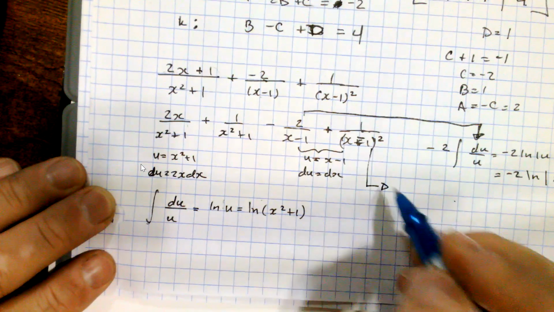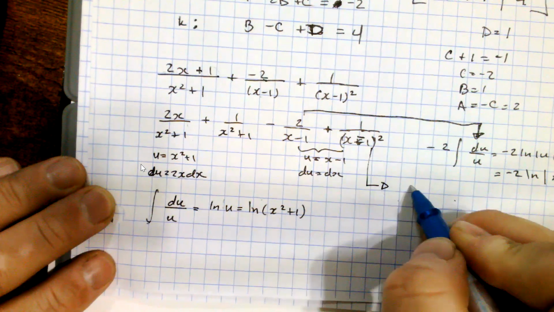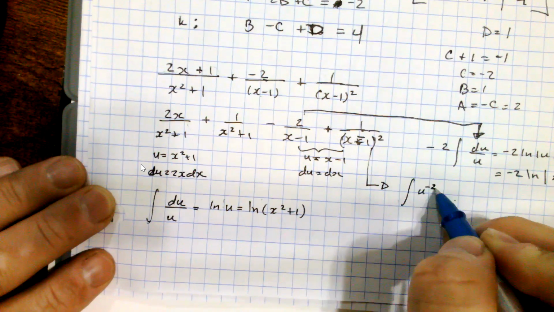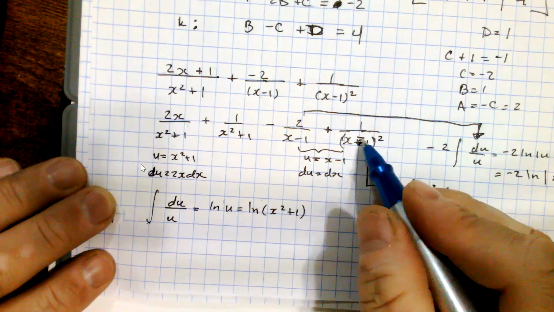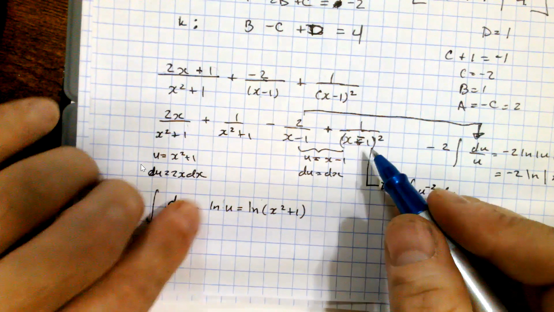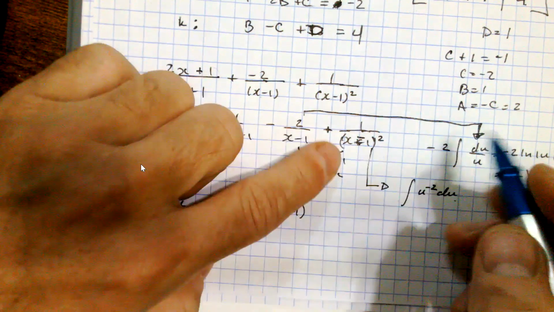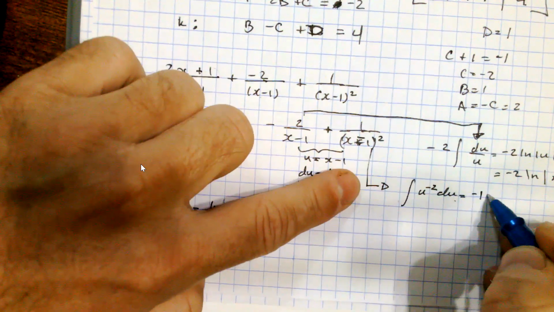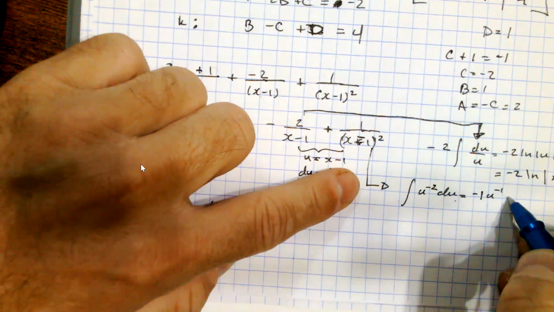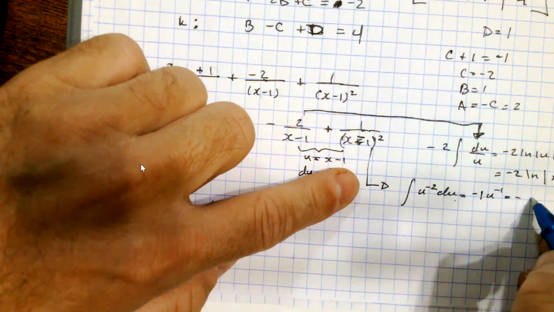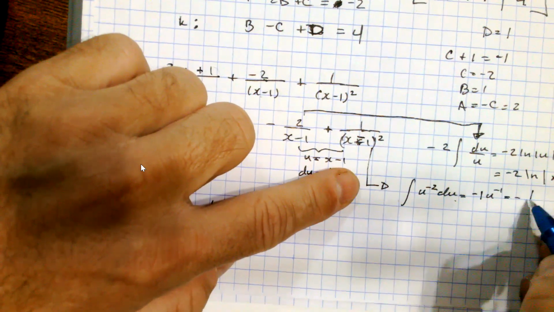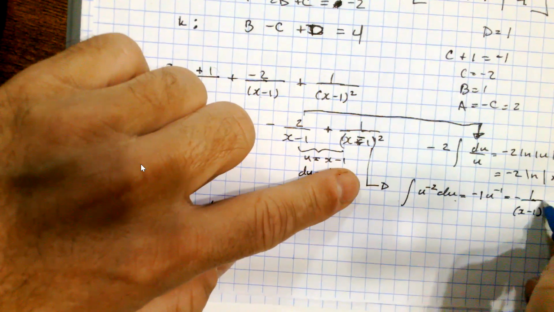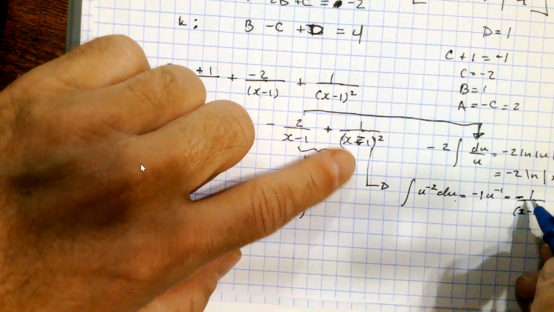And this integral, I have the integral of u to the negative 2 du, where I've plugged in that this is my u, and then integrating that, I get negative 1 u to the negative 1, which gives me negative 1 over x minus 1 as the result of this integral.